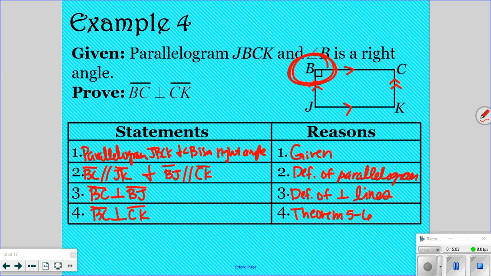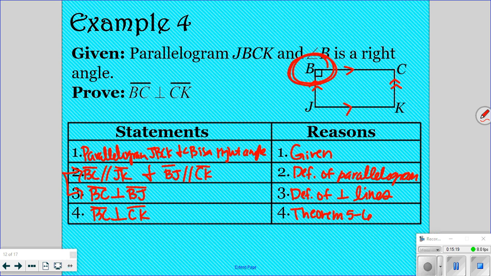So that's how you can prove that one. You could have these two switched, and that would be okay. It doesn't matter the order on those two. Sometimes the order matters, and sometimes it doesn't. It just depends on what the steps are.